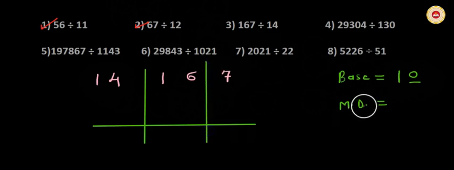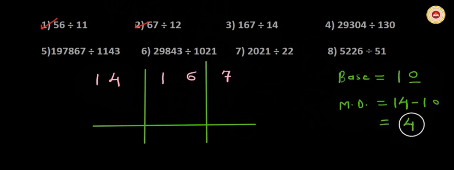Now let us calculate modified divisor. How to calculate modified divisor? Calculate first the deviation for given divisor 14. 14 minus the nearest base for this number, that is 10. 14 minus 10 is 4. Now friends, this 4 is deviation for given divisor 14.